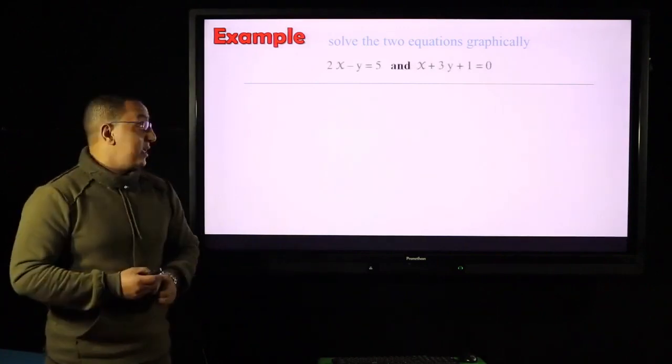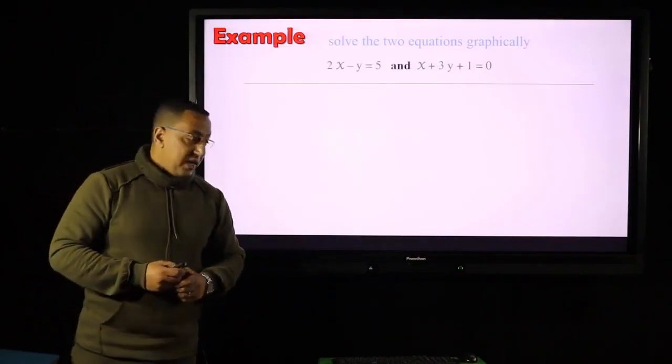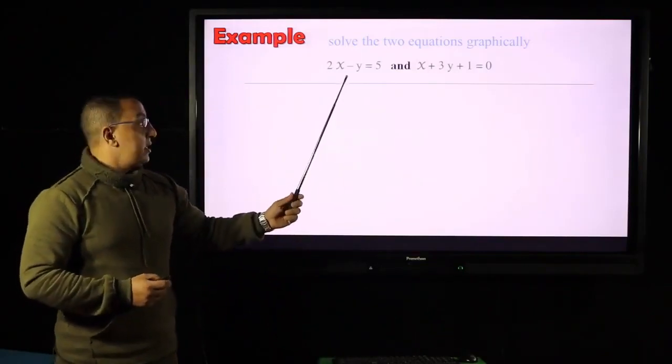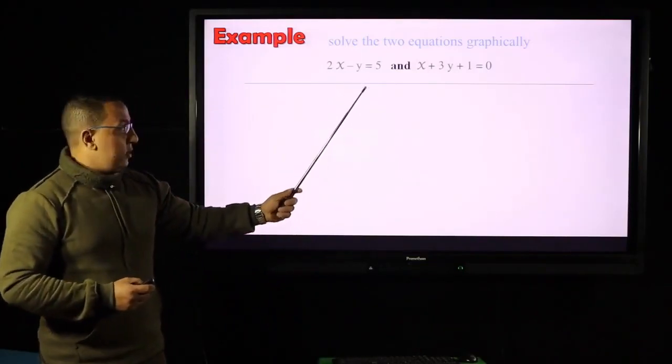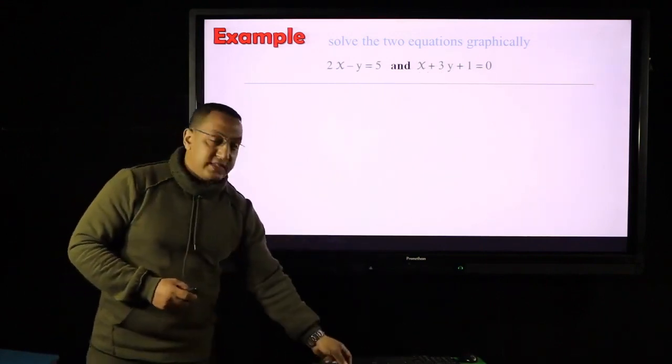The first equation is 2x minus y equals 5. This equation is of the first degree, here x is in the first degree and y is in the first degree. Okay, the second equation, x and y also are in the first degree.